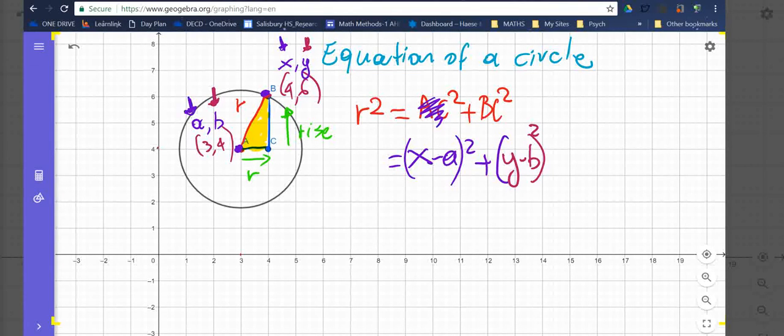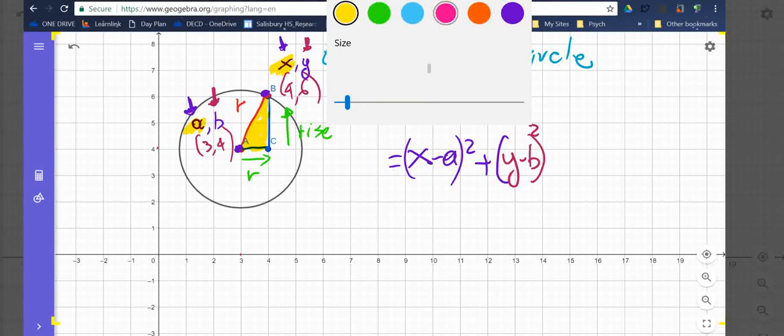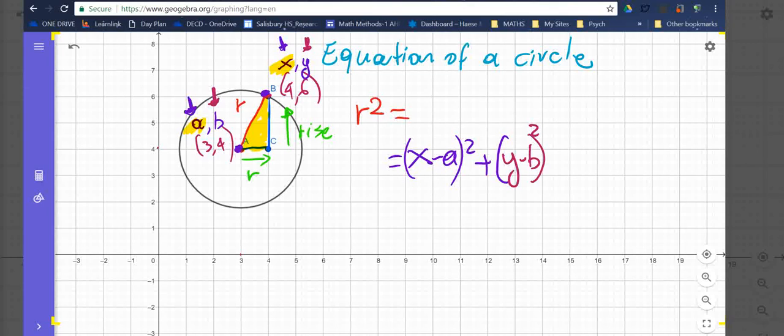I have substituted this square and this square with the run and the rise. The difference between this and this squared, and then I add the difference of this and this, again squared. And this gives me r squared.